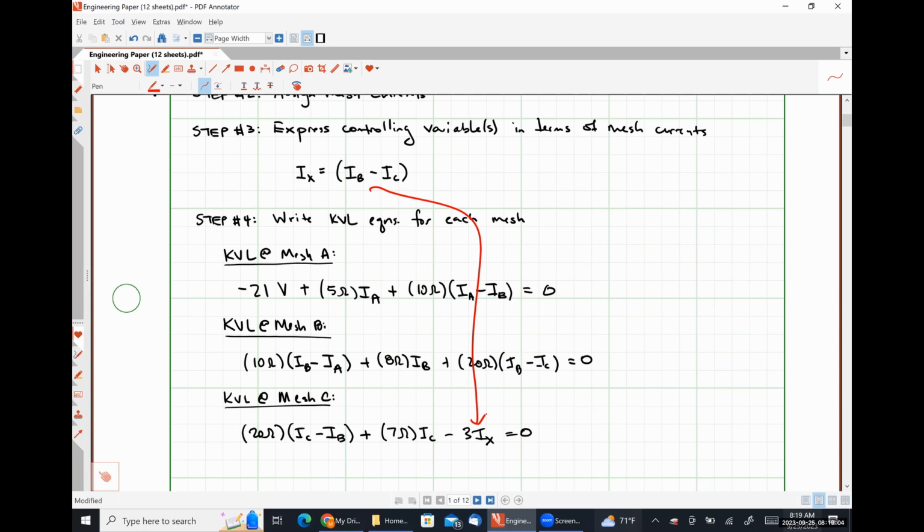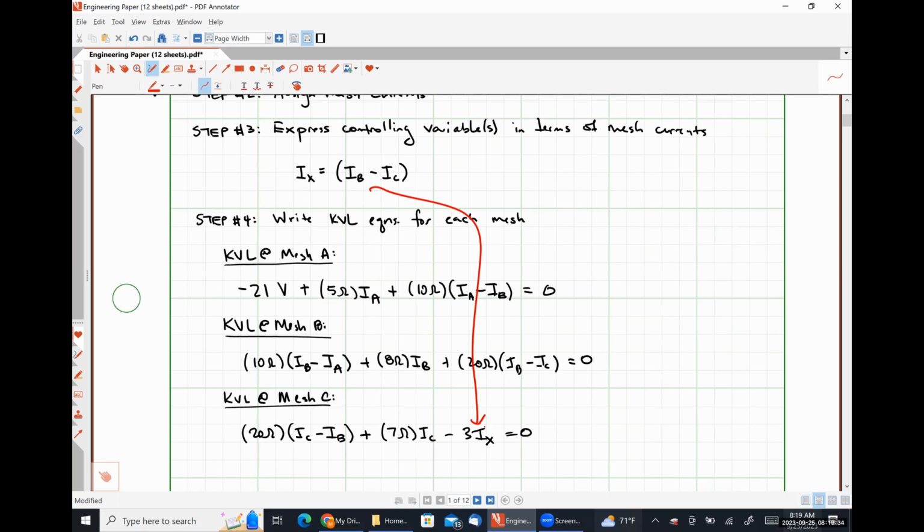My coefficient for IB is going to be negative 20 minus 3. The minus 3 comes from the substitution of Ix equals IB minus IC into that last term. My coefficient for IC is going to be 20 plus 7 minus negative 3, so plus 3. And my constant term is 0.